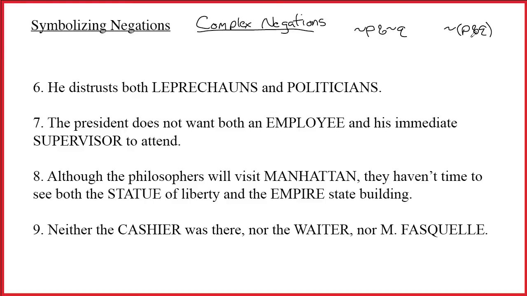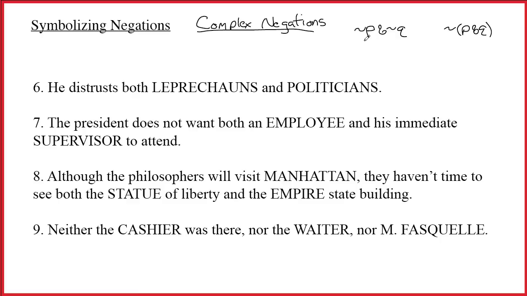The tilde cannot be distributed across the ampersand. If this was a minus sign, you might expect that minus P and Q would be the same as minus P and minus Q. But negation is not subtraction, and the tilde has a more complicated relationship with the ampersand than that. These two formulas are not equivalent. They mean very different things.